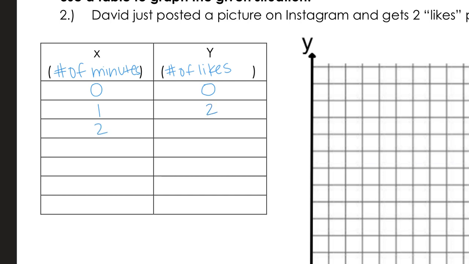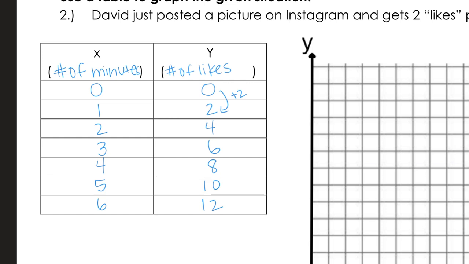After 2 minutes, we would have about 4 likes. 3 minutes, add 2 again, 6 likes. 4 minutes, 8 likes, and let's keep going. 5 minutes, 10 likes, 6 minutes, 12 likes. Adding 2 every single time.